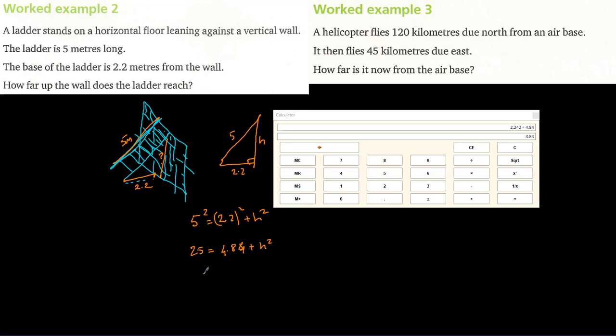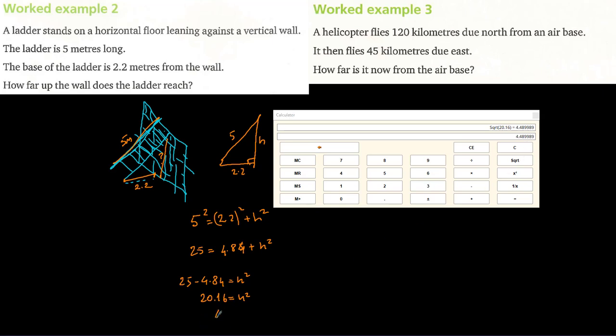When I subtract, 25 minus 4.84 is equal to h square. When you subtract 4.84 from 25, it's going to be 20.16, which is equal to h square. Let me take the square root of 20.16, it's 4.49, continuing.